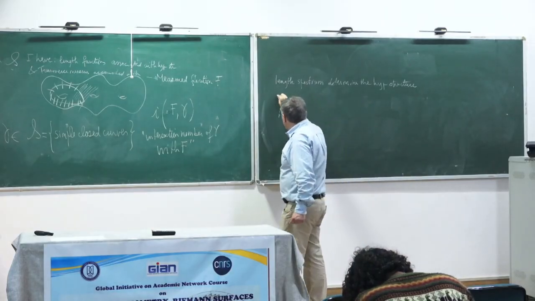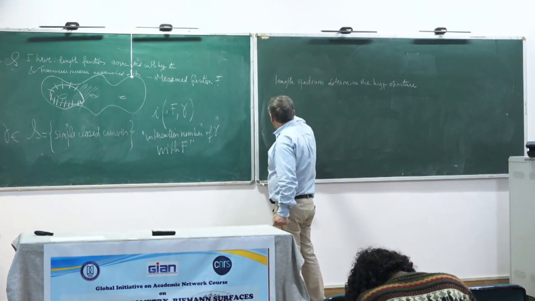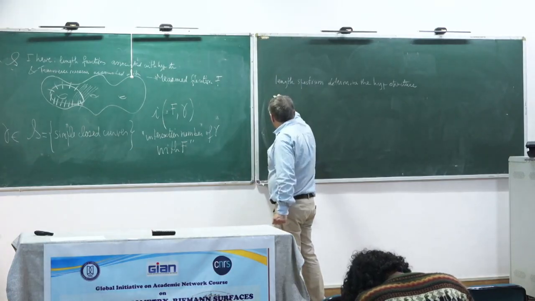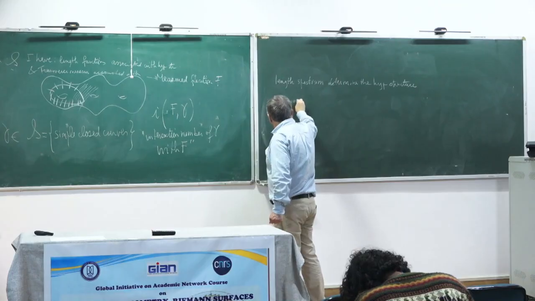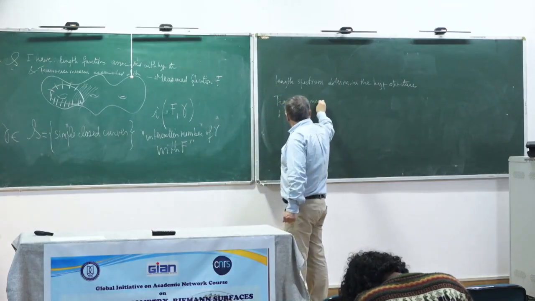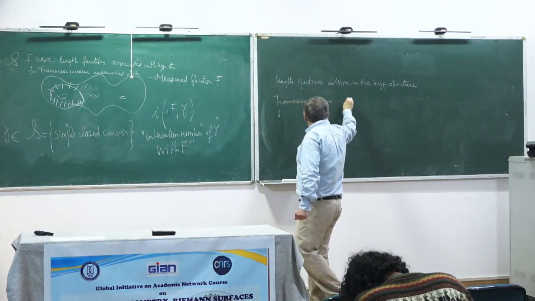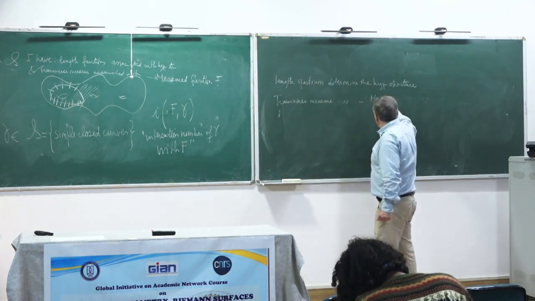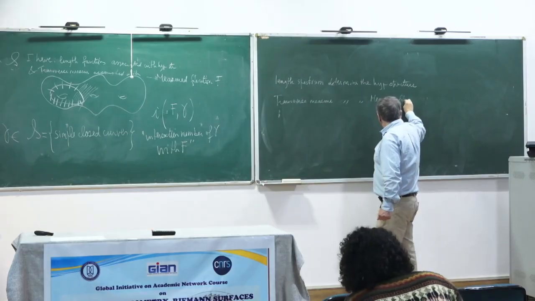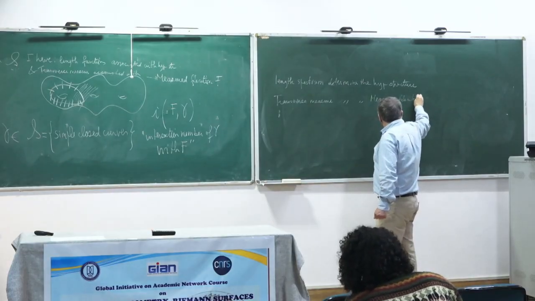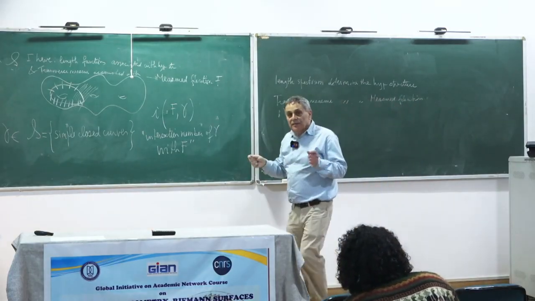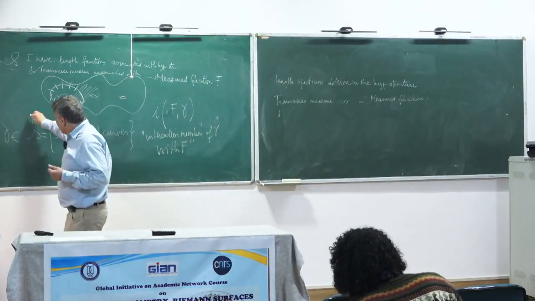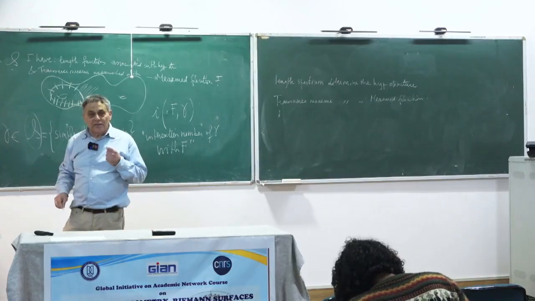Now what I want to say is that the transverse measure determines the measured foliation. That is, the spectrum of transverse measures on all these elements of S determines the measured foliations.